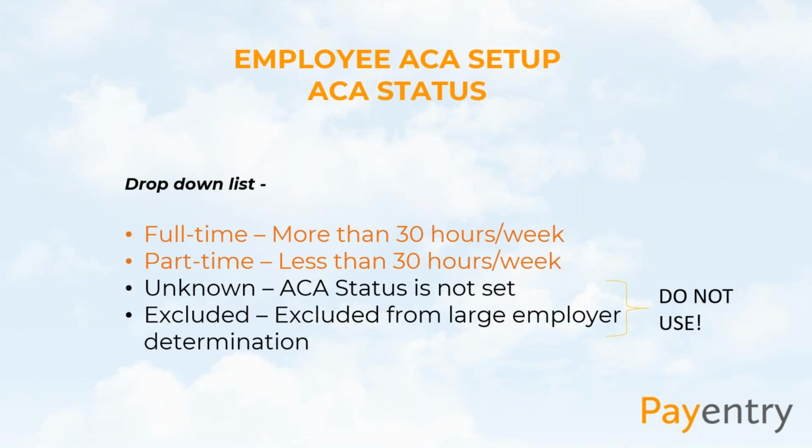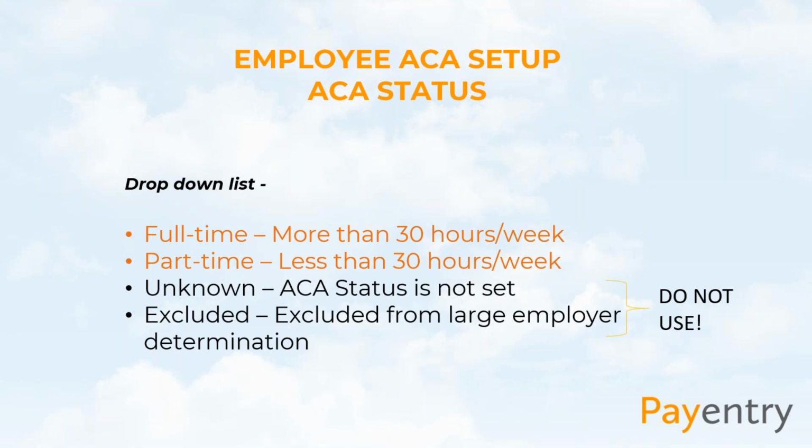And when you hire someone, from an HR standpoint, I know if I'm going to work that person full-time or part-time. It might be for a short time, it might be for a long time, but I'm going to start them out working a certain number of hours. And you need to put either full-time or part-time in there.